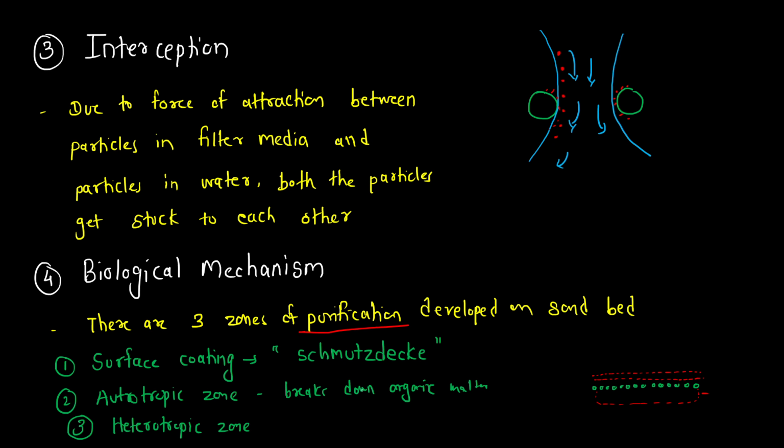In this heterotrophic zone there is the same process, that is breakdown of organic matter, and bacteria are developed in large numbers, and these bacteria help in clearing the water.